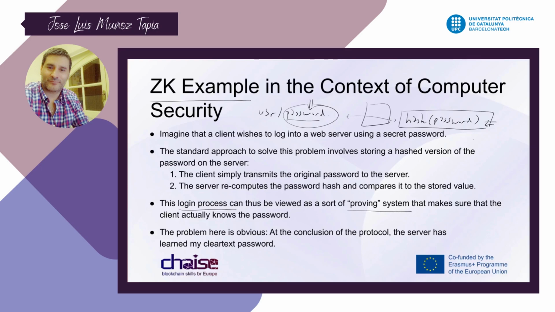The idea here is to prove to you that I know the preimage of a hash. This is the statement: I know the preimage of this hash. You're going to be convinced, and I'm not going to tell you anything else. In particular, I'm not going to show you the password. So this is one use of zero knowledge for general computer security.